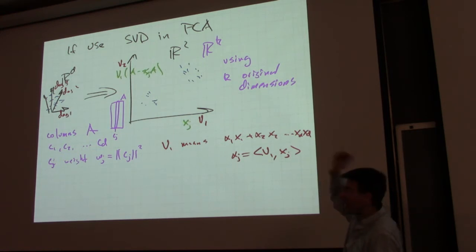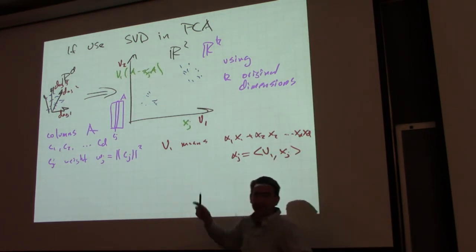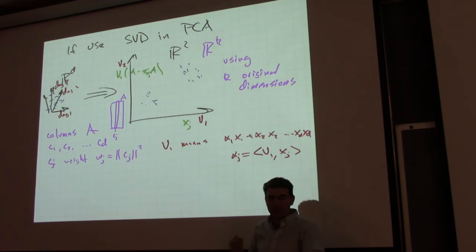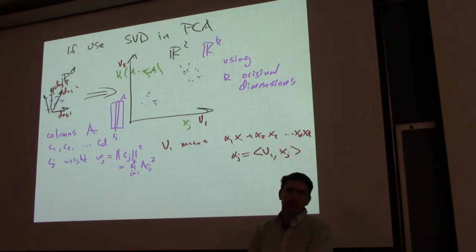For each of the elements in it, I square the elements and add those up. That's the squared norm, so this is equal to the sum over i equals 1 to n of a_ij squared.